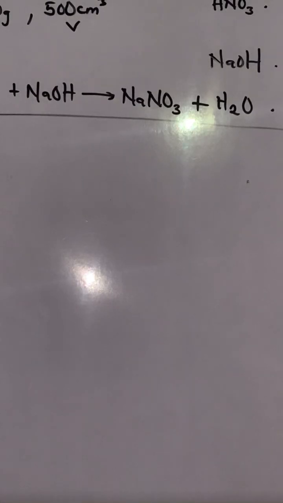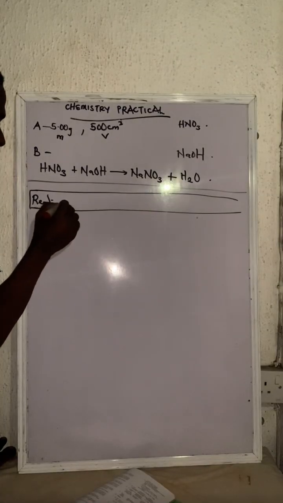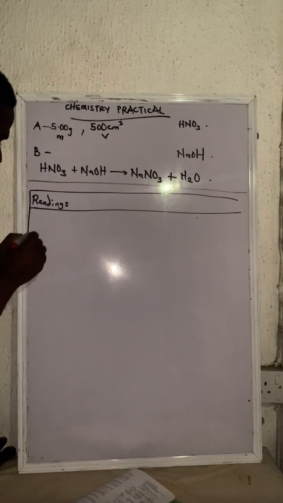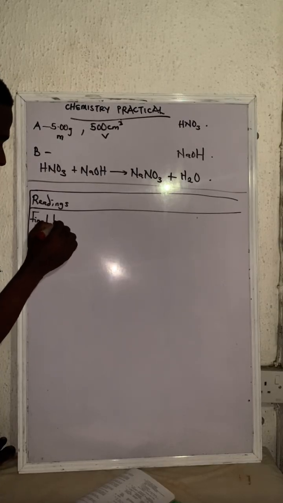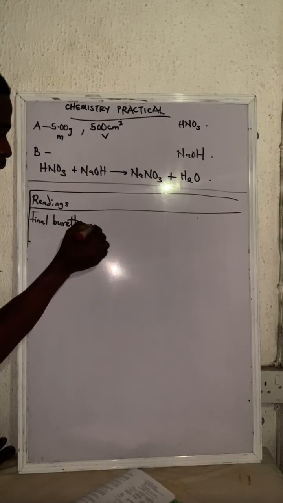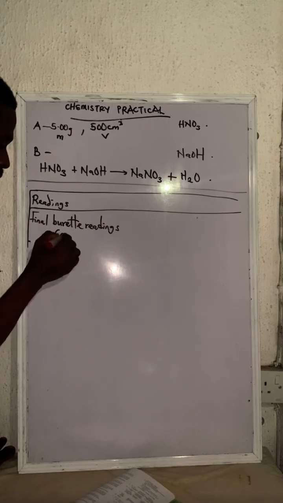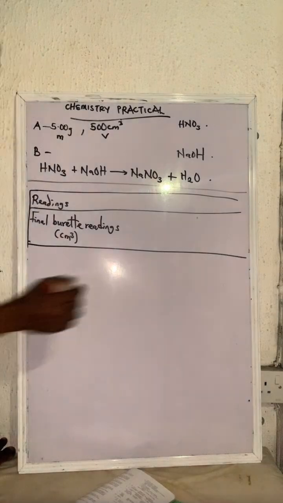Remember that in the table, you draw a table, that's the first thing. Here you have your readings. There's final, don't forget it, final burette readings, which is in cm³.